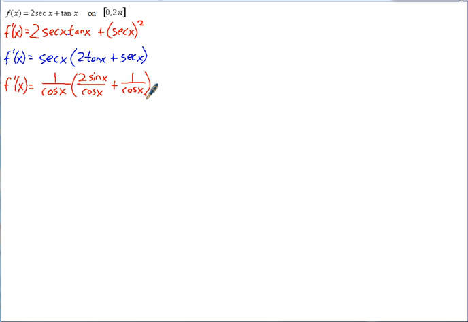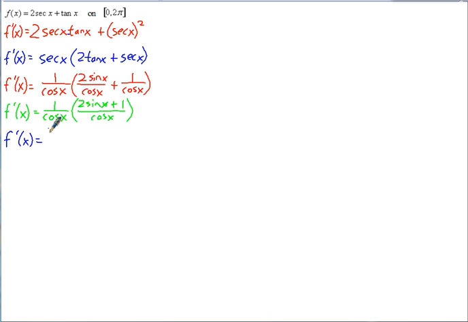Now let's see what we can do to make that simpler. So we've got 1 over cosine x on the outside. And notice these are fractions, but they have a common denominator of cosine, so we can combine it to be one fraction. So it'd be 2 sine of x plus 1 over cosine x. And then we can multiply the cosine x's together on the denominator.